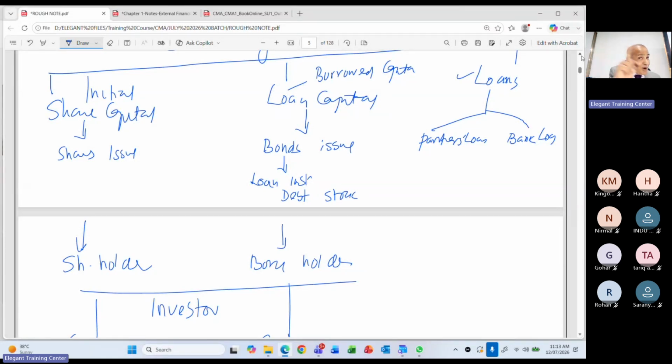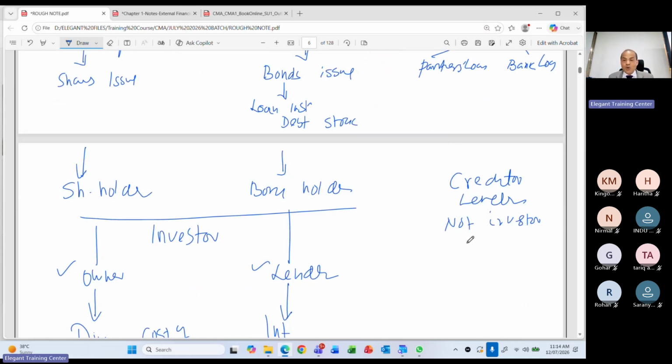The bank has not bought your shares and bonds. The bank has merely lent money. The bank is a mere creditor, a mere lender. The bank is not an investor. So if you take a loan from the bank, what do you pay? You pay interest.